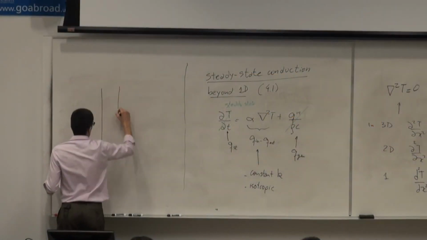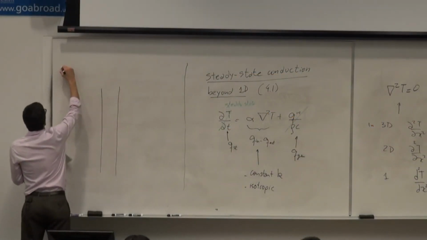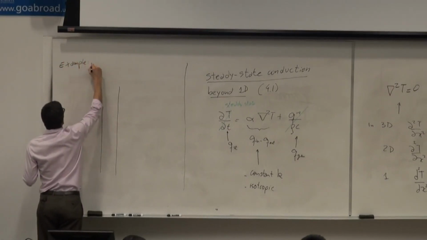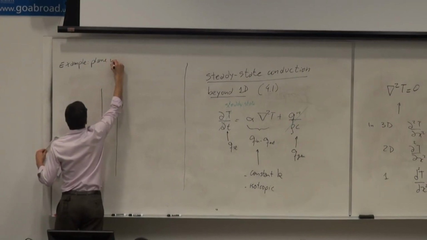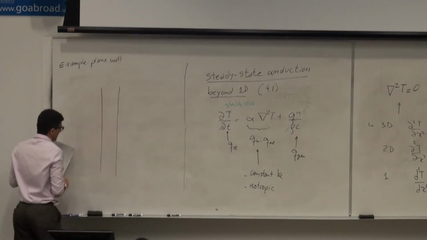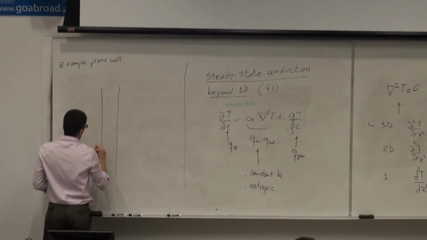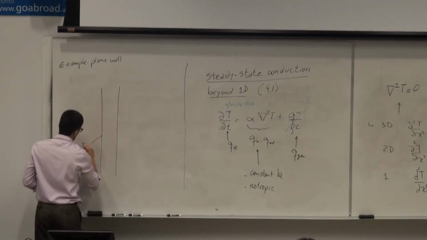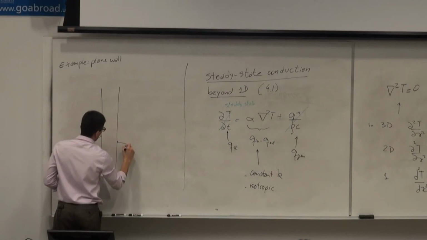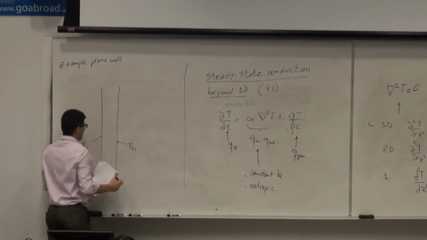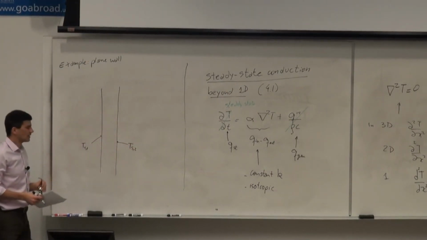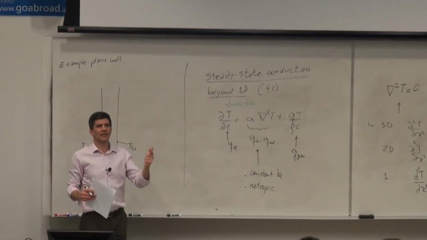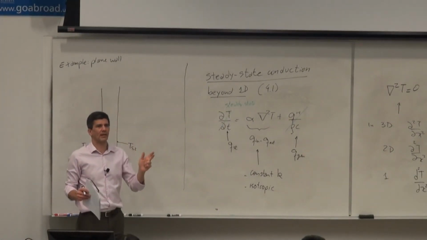So let's have a plane wall. Here we have TS1, and this is TS2. So are TS1 and TS2 isotherms, adiabats, something else?